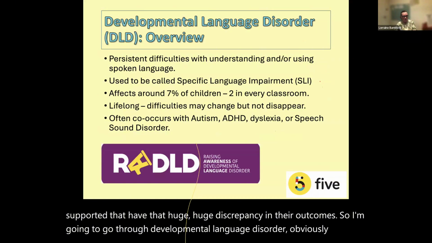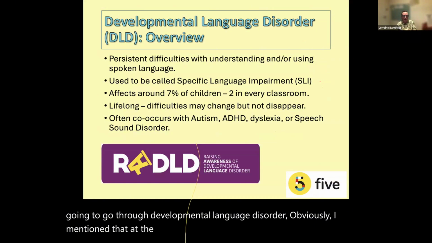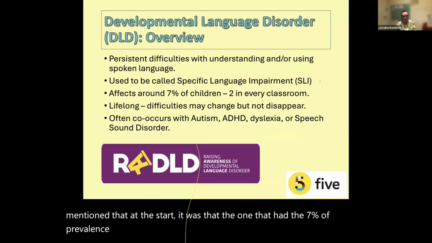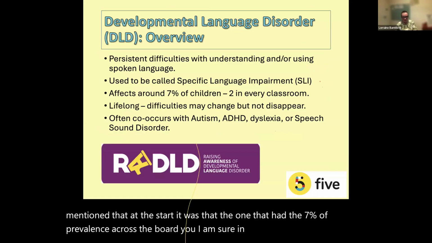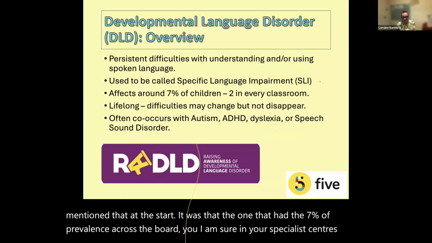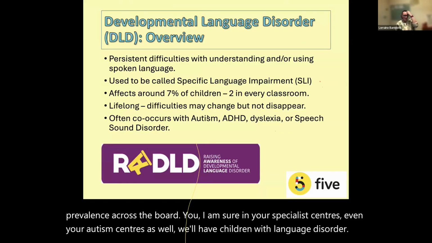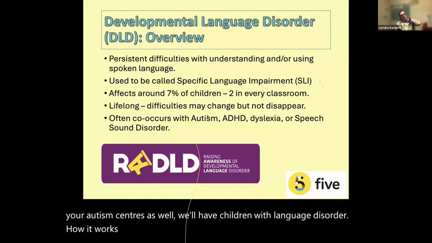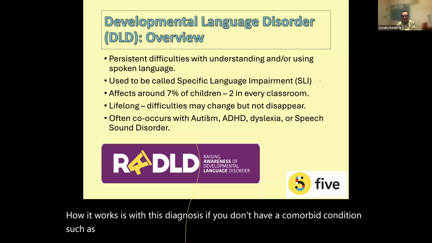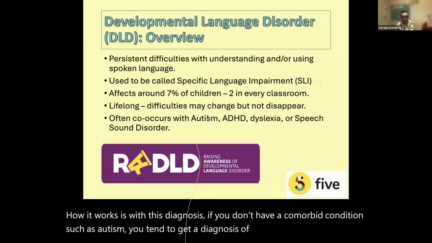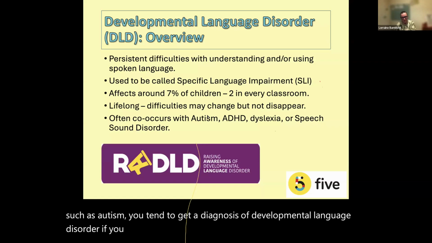So I'm going to go through developmental language disorder. Obviously, I mentioned that at the start. It was the one with the 7% prevalence across the board. I am sure that in your specialist centres, even your autism centres, you will have children with language disorder. With this diagnosis, if you don't have a comorbid condition such as autism, you tend to get a diagnosis of developmental language disorder if you have specific language difficulties.